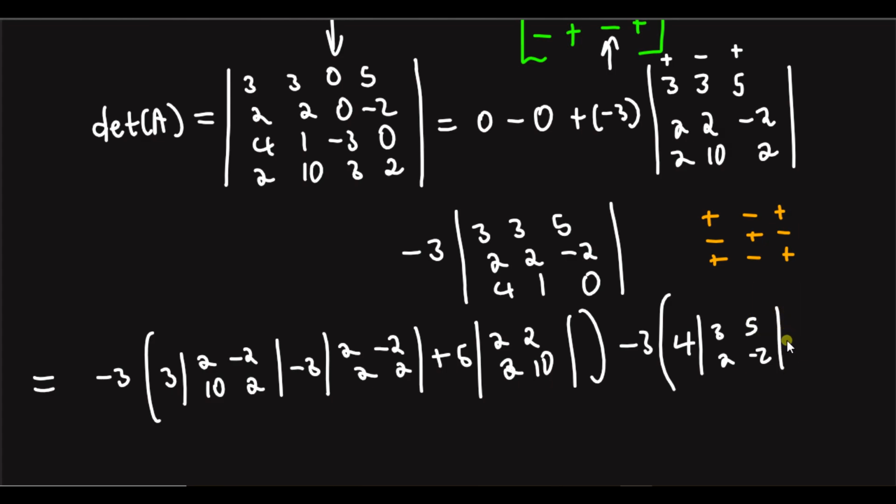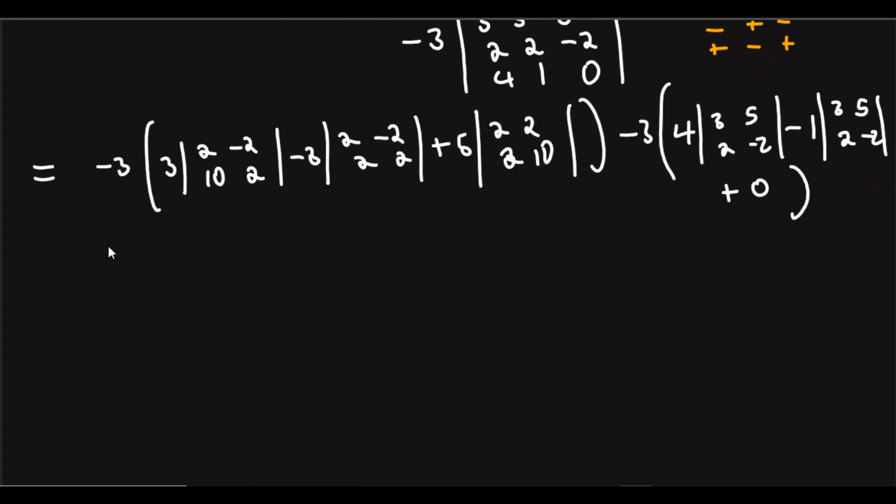Okay, and then minus 1, and here we would block the third row and the second column, so we would have 3, 5, 2 and negative 2. Okay, so plus 0, because this one will be multiplied by 0, so plus 0.